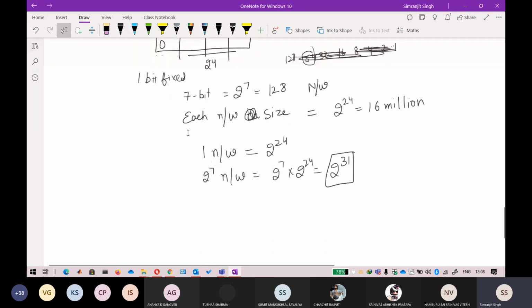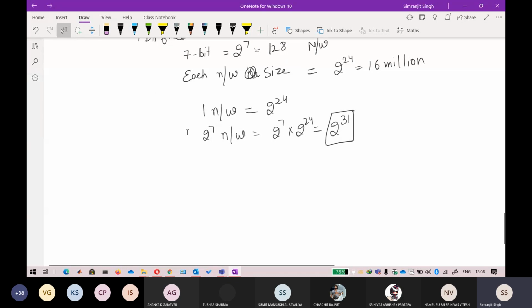Now in this particular thing, I want to tell you that if you find out the range here, you already know 8 bits are available for the network ID part. Out of which the first bit is fixed, so 0 is fixed. The remaining bits are 1, 2, 3, 4, 5, 6, 7.